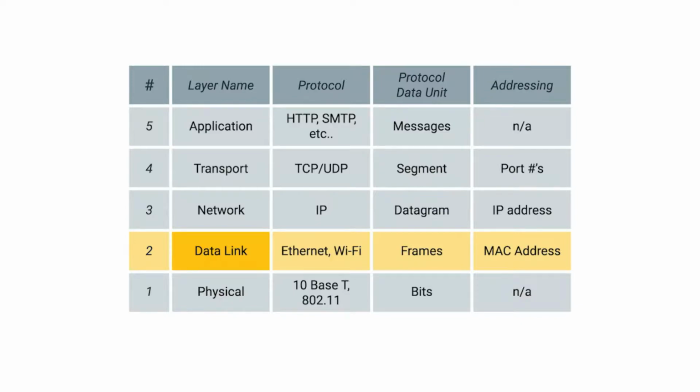By dumping this responsibility on the data link layer, the internet, transport, and application layers can all operate the same no matter how the device they are running on is connected. So, for example, your web browser doesn't need to know if it's running on a device connected via a twisted pair or a wireless connection. It just needs the underlying layers to send and receive data for it.